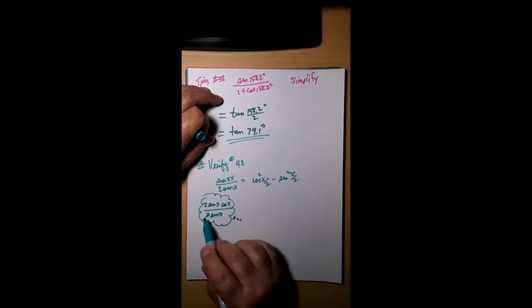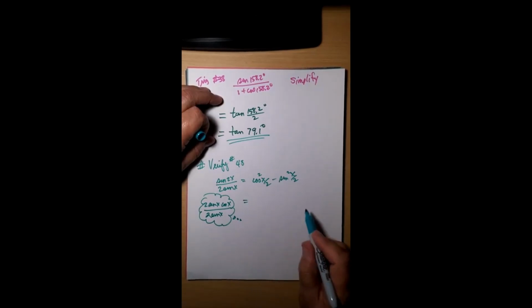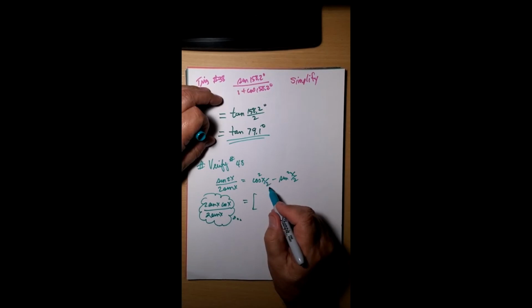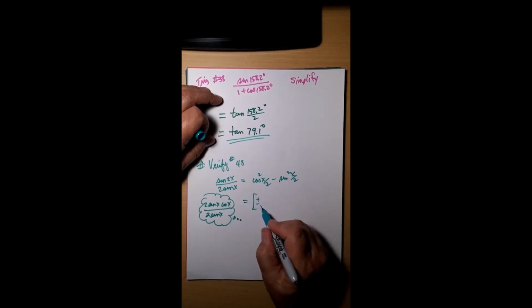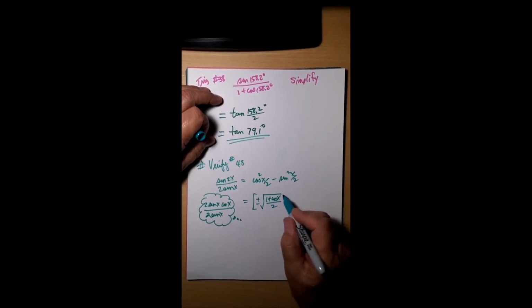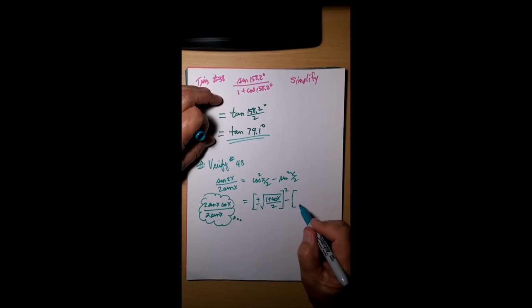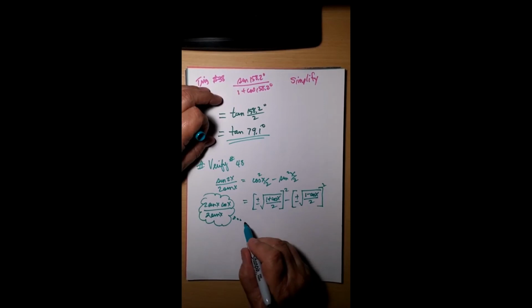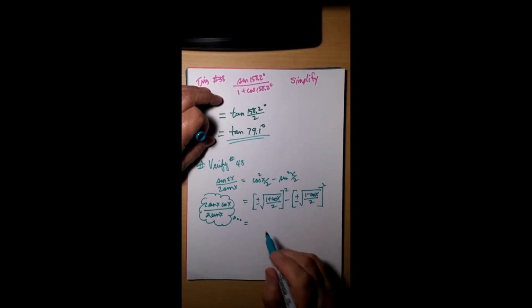So if I can get to something like that, then I'll be done. Remember, cosine of x over 2 is plus or minus the square root of 1 plus cosine x over 2, squared, minus the sine, which is plus or minus the square root of 1 minus cosine x over 2, squared. And these squares take care of the plus and minus signs and the square root.